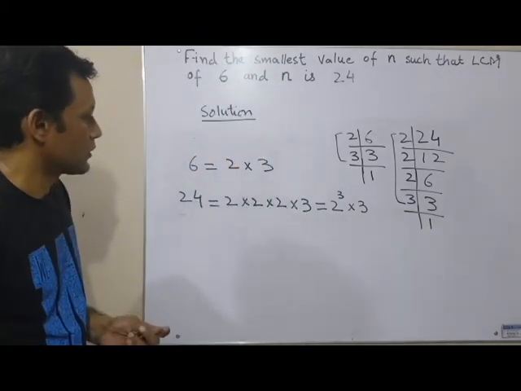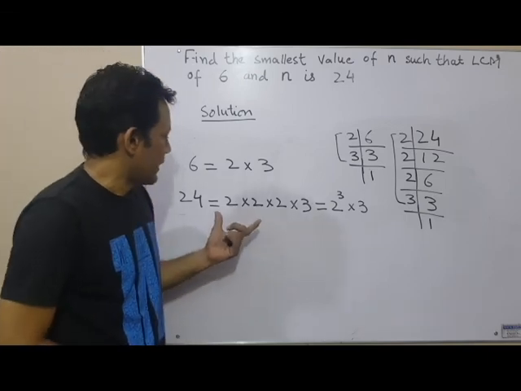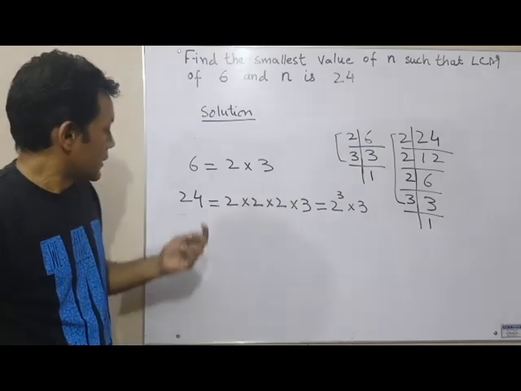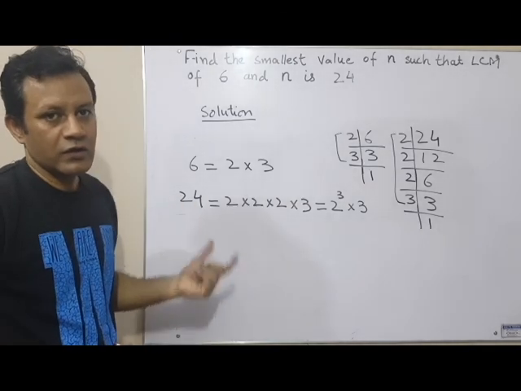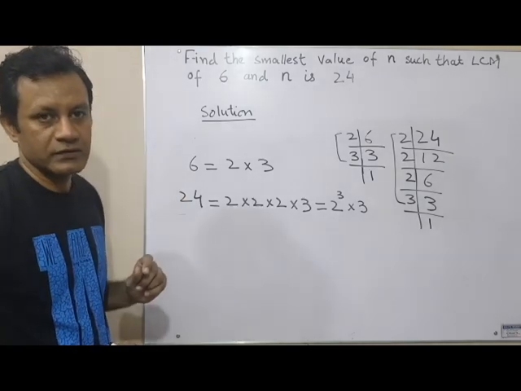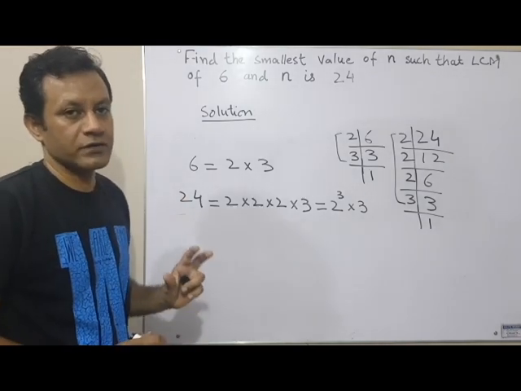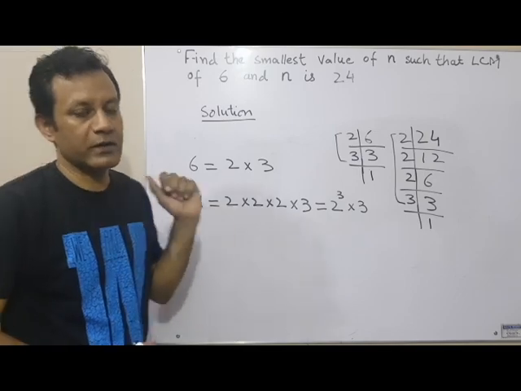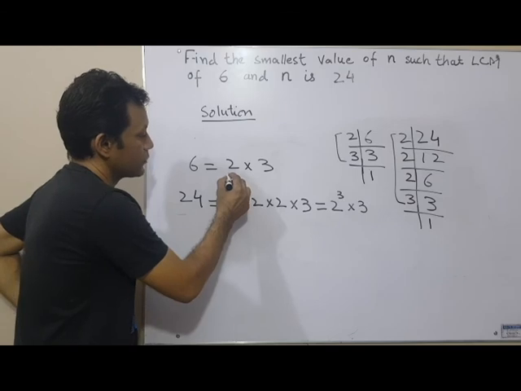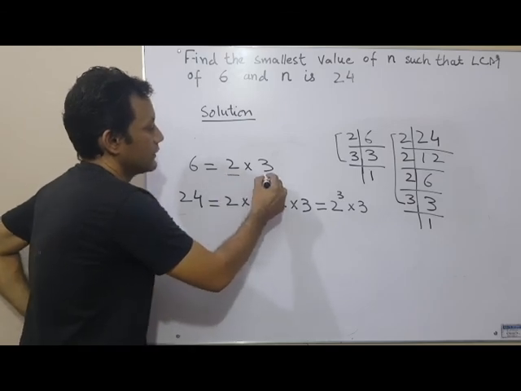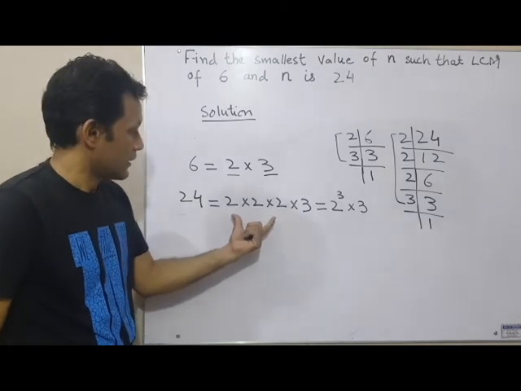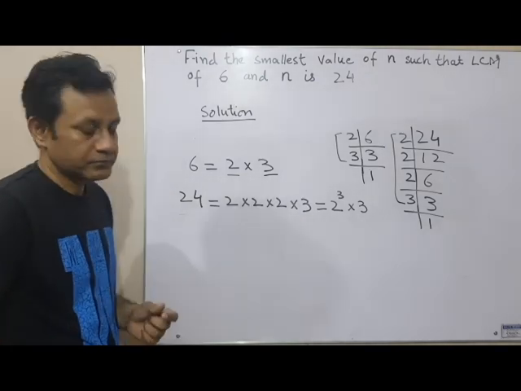Now again, we compare the prime factors of 6 and 24. As I told earlier, LCM is the union of prime factors of the given numbers in which the common factors are written only once, including all the remaining factors. If you see the prime factors of 6, it has only 1 2 and 1 3. Then how do these three 2s come here?